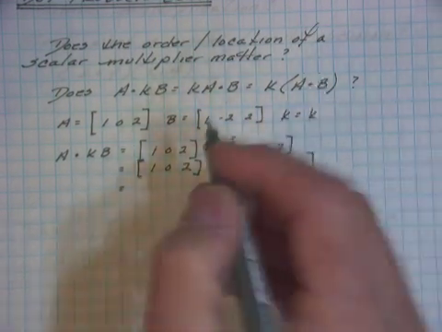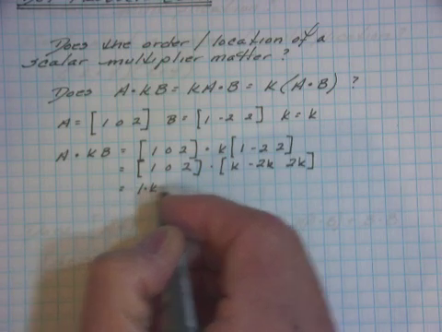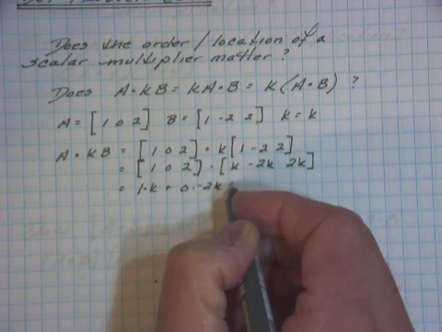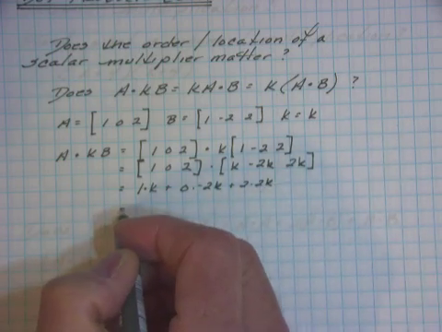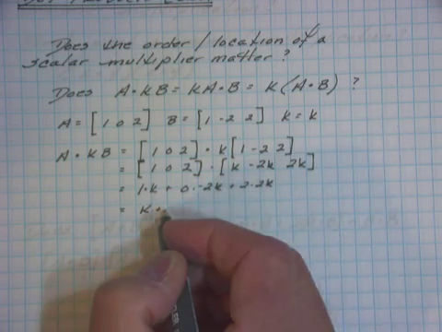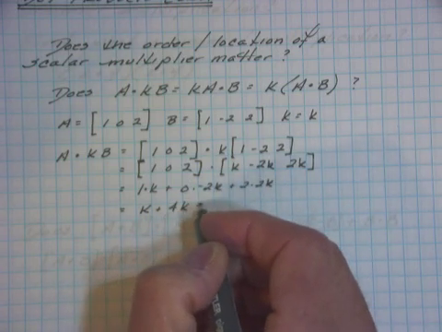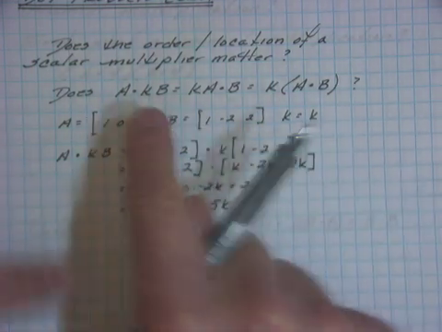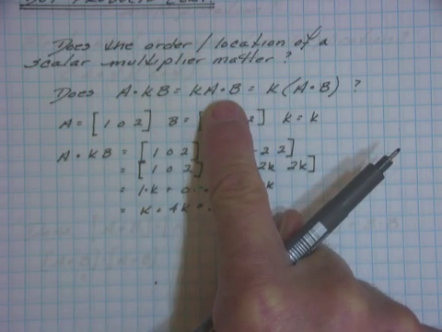Then we're going to do the dot product of those. So we've got 1 times k plus 0 times negative 2k plus 2 times 2k, which equals k plus 0 times the negative 2k, that's 0, and we've got 4k, which equals 5k. All right, so that's the first one.